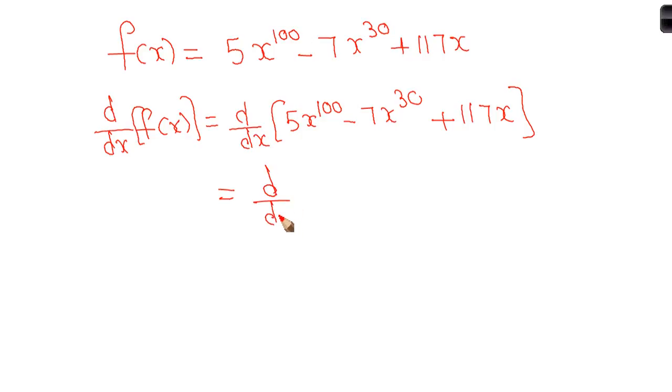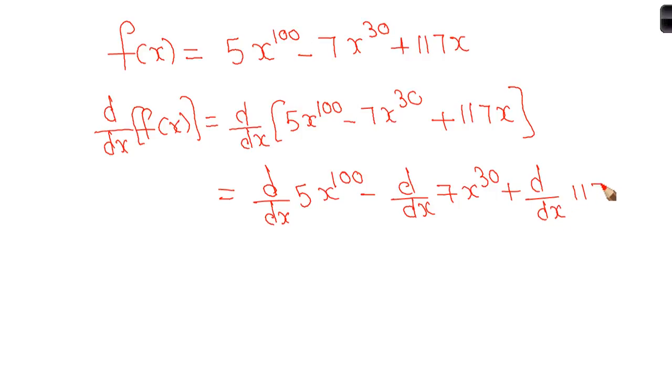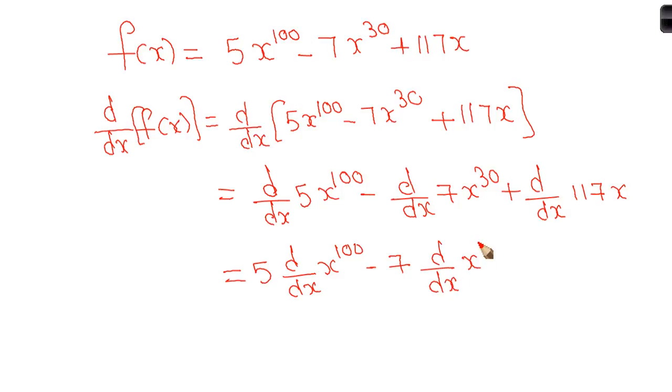It gives us the derivative of 5 times x power 100 minus the derivative of 7 times x power 30 plus the derivative of 117x. The derivative of a constant times any function is the constant times the derivative of that function, that is 5 times the derivative of x power 100 minus 7 times the derivative of x power 30 plus 117 times the derivative of x.